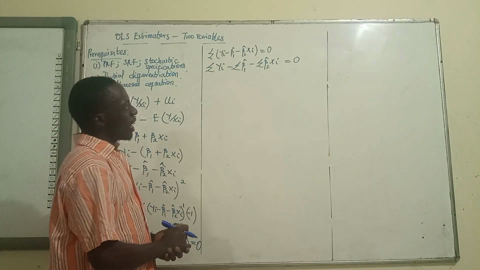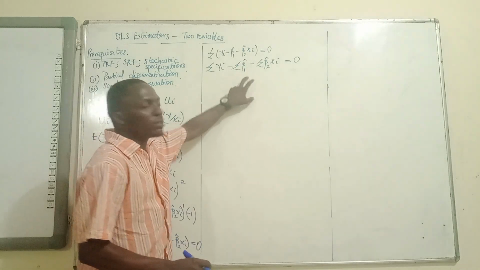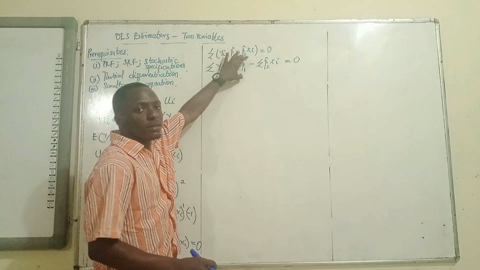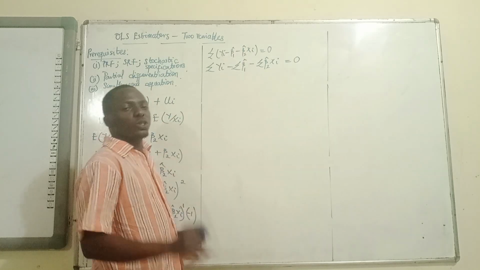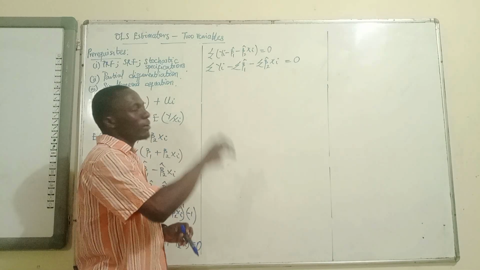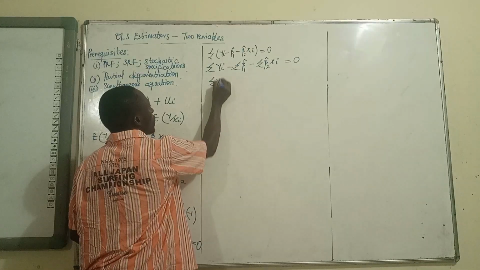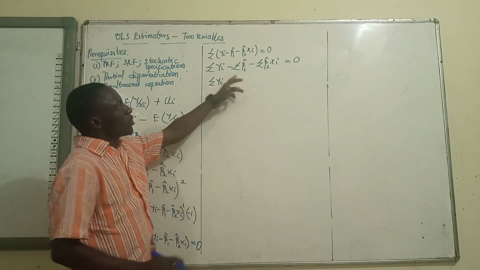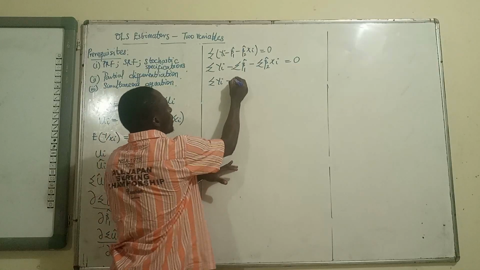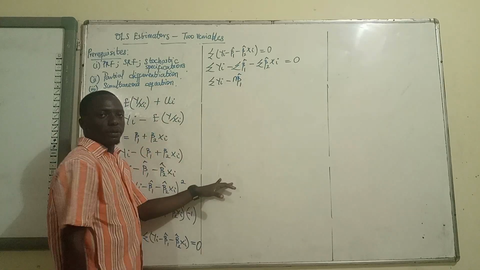It is very important to note that the summation of a constant, and we are treating our beta 1 cap as a constant, as a parameter, is simply n, the number of terms, multiplied by that constant itself. So I have summation yi, and the summation of beta 1 cap will simply be minus n multiplied by beta 1 cap.